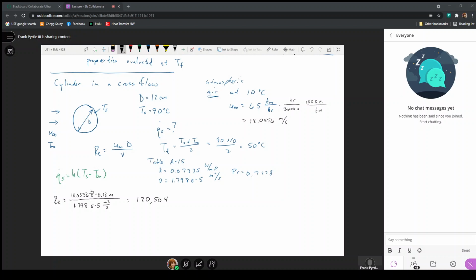That Reynolds number is what we would use in the expressions for the flow over the cylinder. It will be substituted into the expression that we considered for the definition of the Nusselt number for flow over a cylinder.